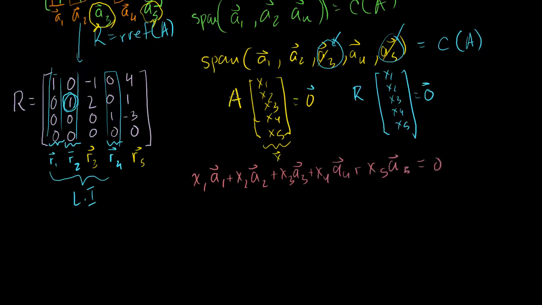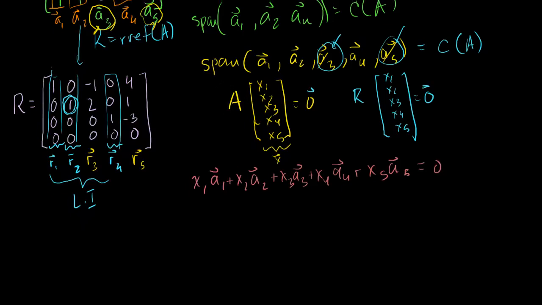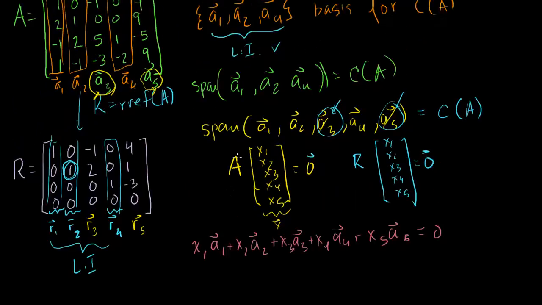We've learned that from our definition of matrix vector multiplication. This is just a bunch of column vectors A1 through A5, and I can just rewrite this equation like this.